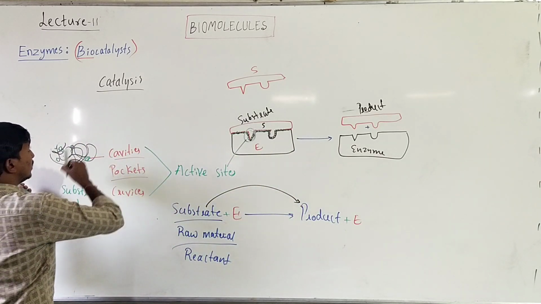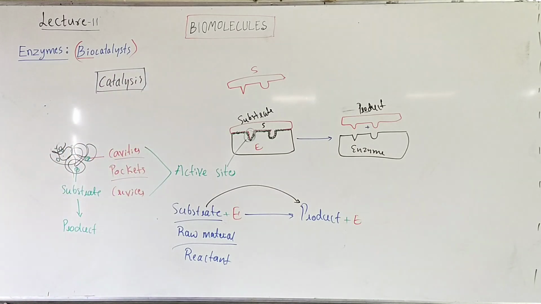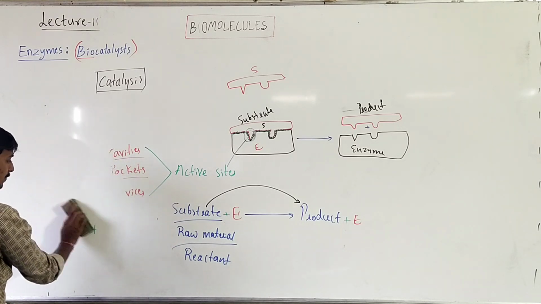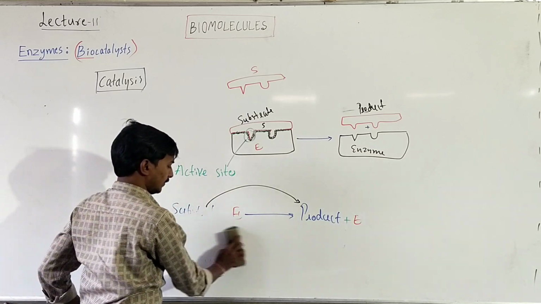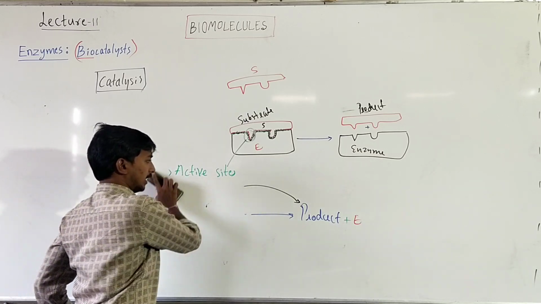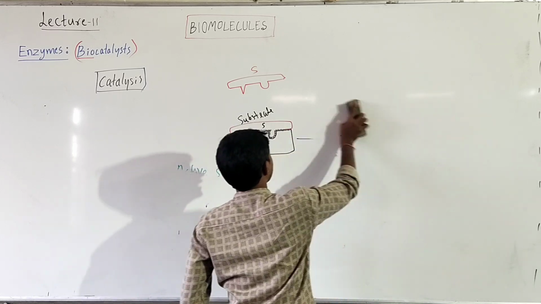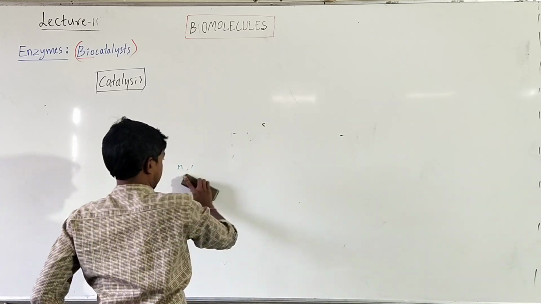Okay, here we can see two types of catalysis. One is catalysis with the help of an enzyme, and the other is catalysis with the help of some other chemicals like inorganic minerals, nutrients or any inorganic chemicals. We will now see a brief idea about inorganic catalysis and enzyme catalysis.